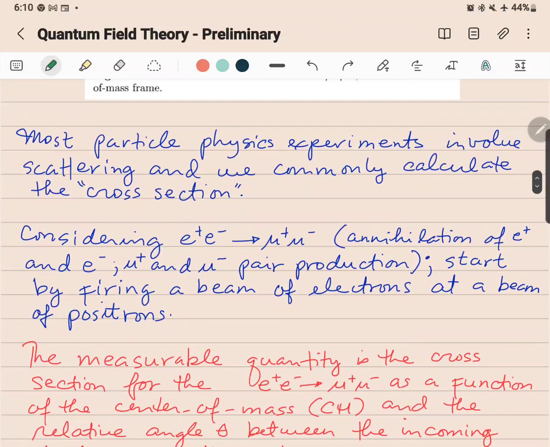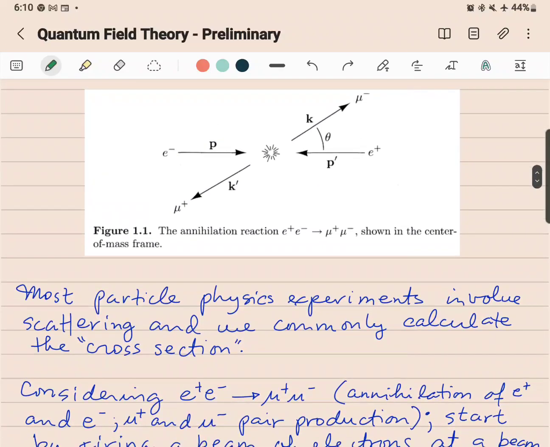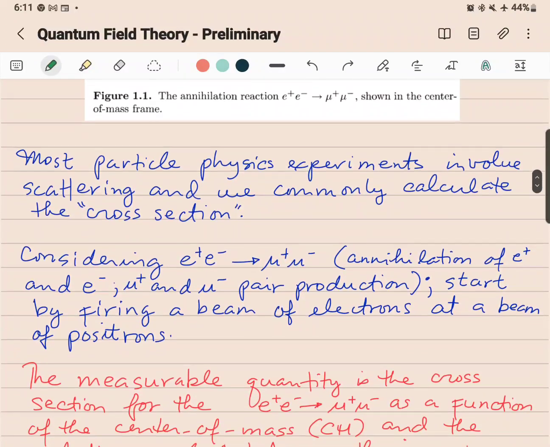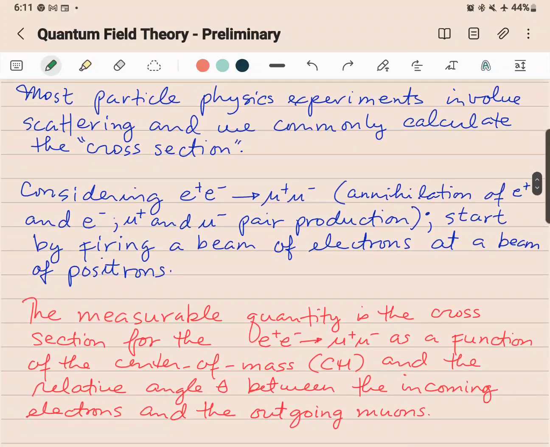So in most particle physics experiments, they usually calculate the cross section, and they involve scattering of particles through collision of particles, or by shooting at a target particle. In this particular case, we consider e plus e minus just to make an introduction to this kind of experiment.